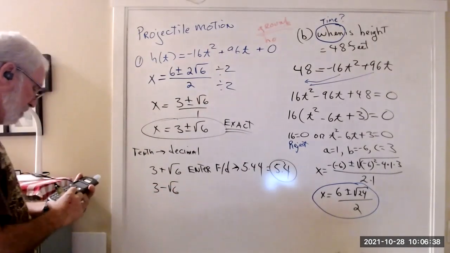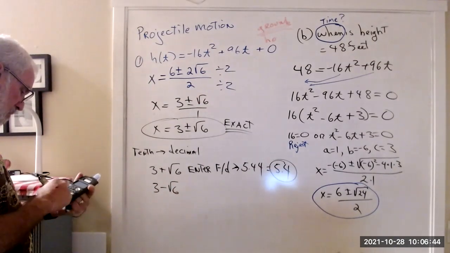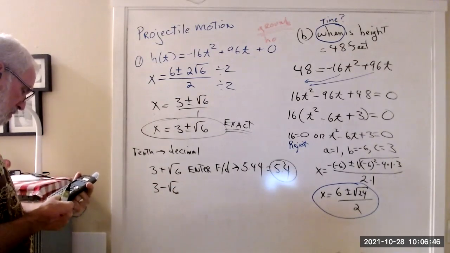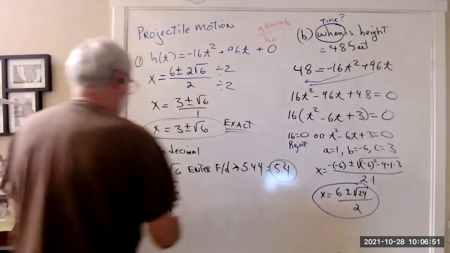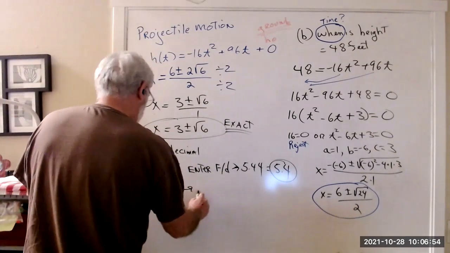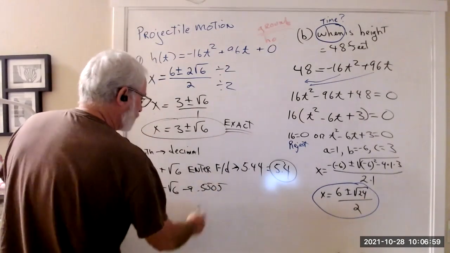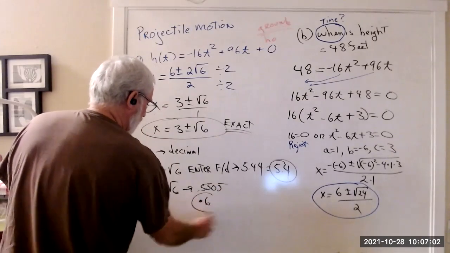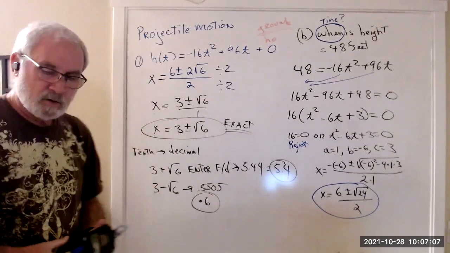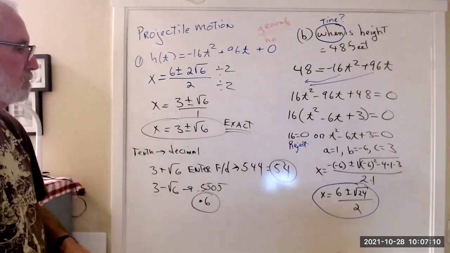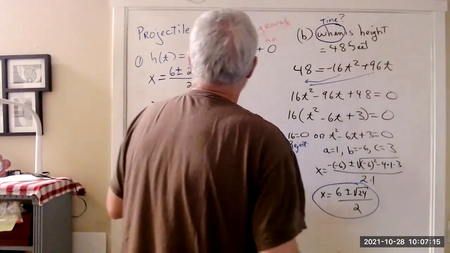Try that one. And I get 0.5505 something. If we round that to the nearest tenth, that's going to be 0.6. So, a couple things are happening here.